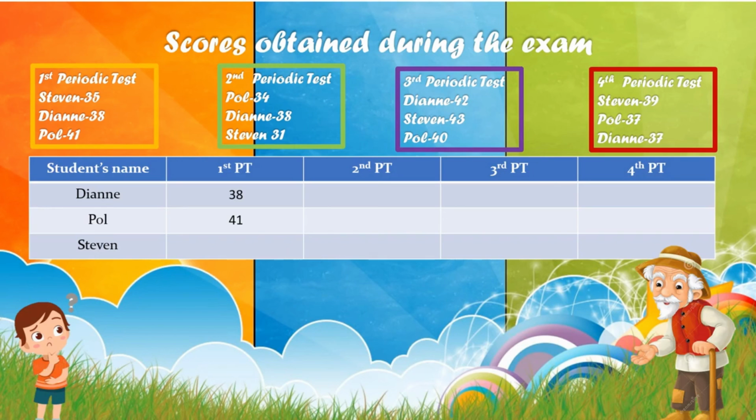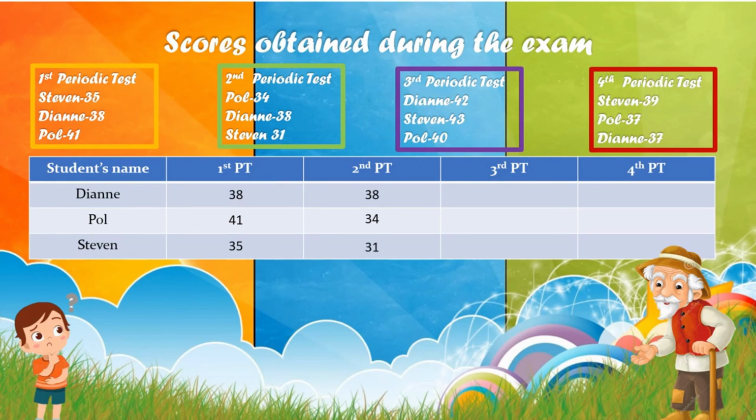Very good. It is 35. Let us go to the second periodic test. What was the score of Diane? Very good. It's 38. How about Paul? Oh yes, that's true. It's 34. How about Steven? Okay, it's 31. Very good.